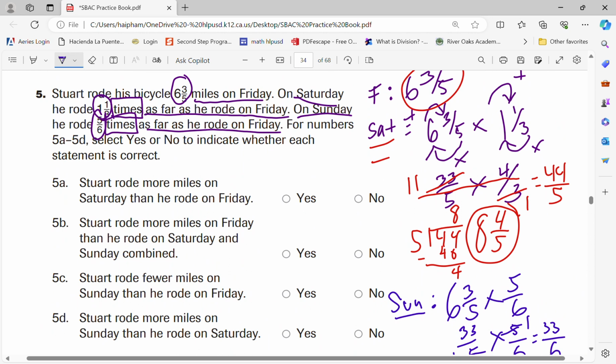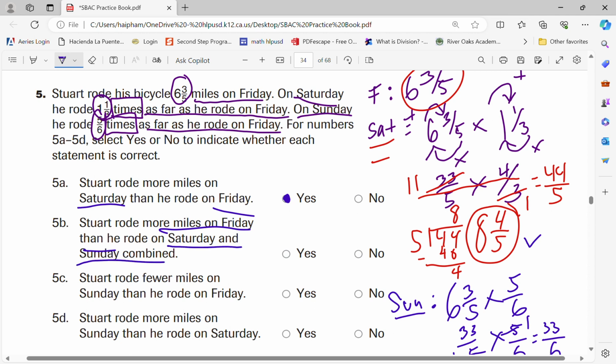Stuart rode more miles on Saturday than he rode on Friday. Let's check Saturday more than Friday. Saturday he rode 8 4/5. Friday he rode 6 3/5. So that statement is true. Stuart rode more miles on Friday than he rode on Saturday and Sunday combined.